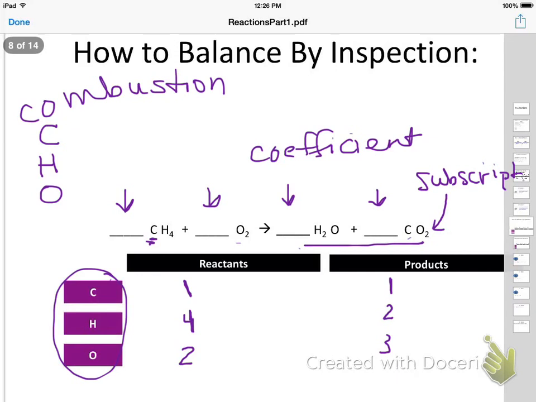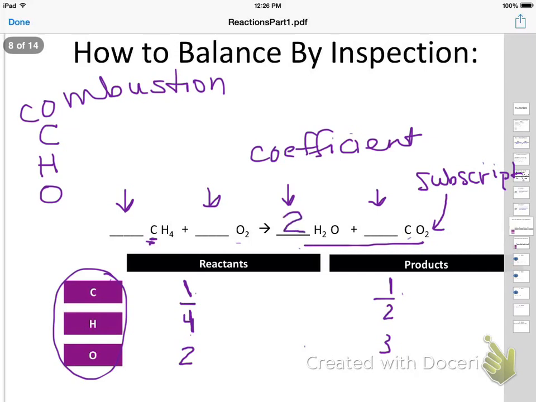So if I look, my goal is to get the same number of atoms of each element on both sides. So carbon is already balanced. I have 1 in my reactants, 1 in my products. Hydrogen, however, I have 4 hydrogens in my reactants, only 2 in my products. So what that means is I have to put some number, a coefficient here, that will give me enough hydrogens so that they're balanced.